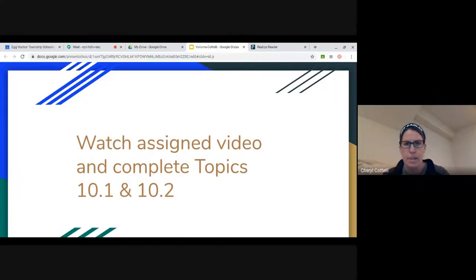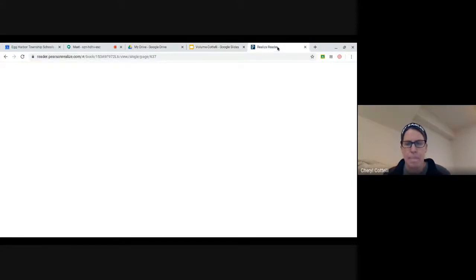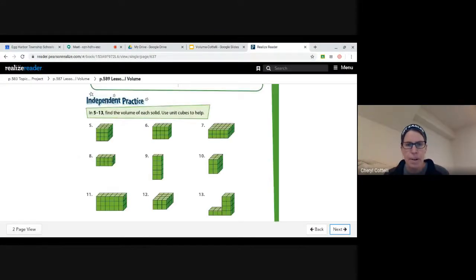So we'll do a little bit of practice here. If you're looking at the volume, you can count every single cube that's in it. Or you can take the base or the length, which would be 1, 2, 3. The width is how wide it is, what's coming out of your screen, which would be 1, 2, 3 cubic units.